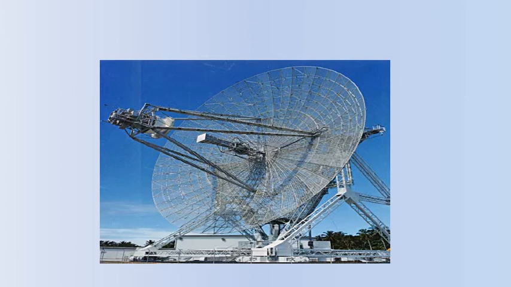Now, the next image is this image of radar. What is the use of radar? Radar is an electromagnetic sensor used for detecting, locating, tracking and recognizing objects of various kinds at a distance.